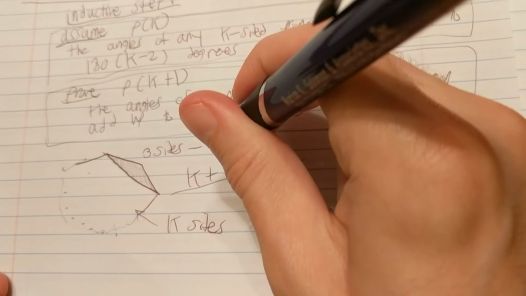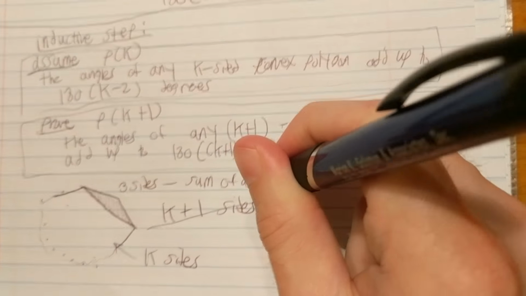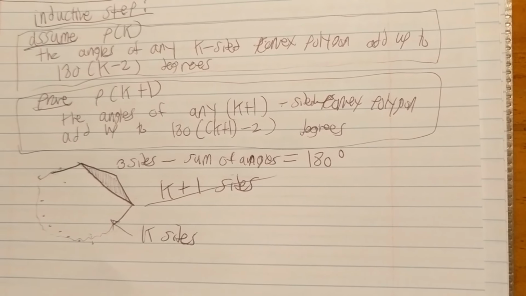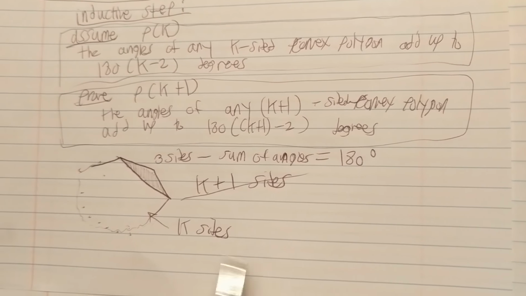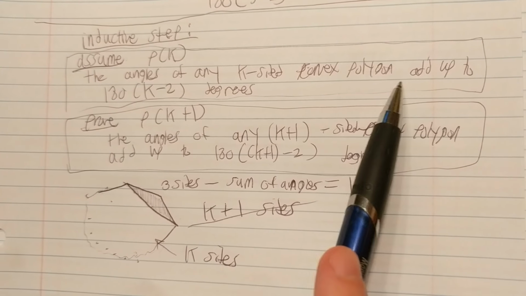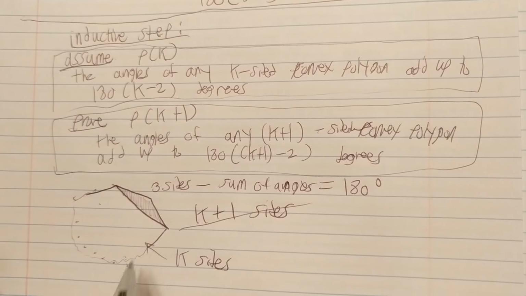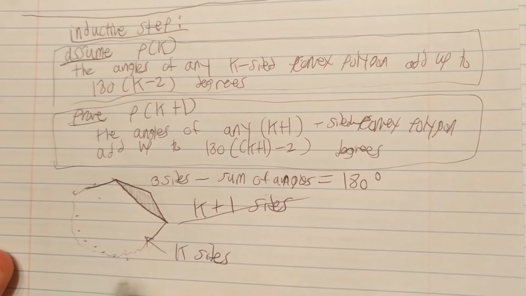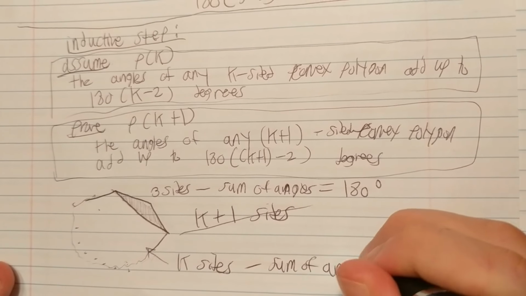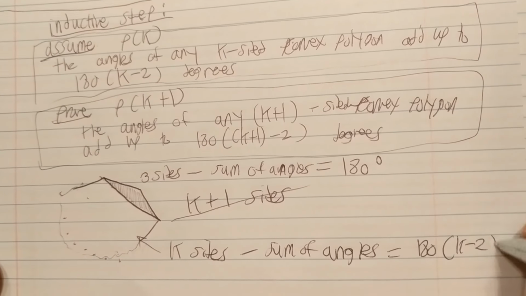We know that the sum of the angles in a 3-sided polygon, or a triangle, is 180 degrees. Now, here's where we use our inductive hypothesis. We have a k-sided polygon. Well, we're assuming that the angles of any k-sided convex polygon add up to 180 times k minus 2 degrees. So the sum of the angles in this k-sided polygon equals 180 times k minus 2 degrees.